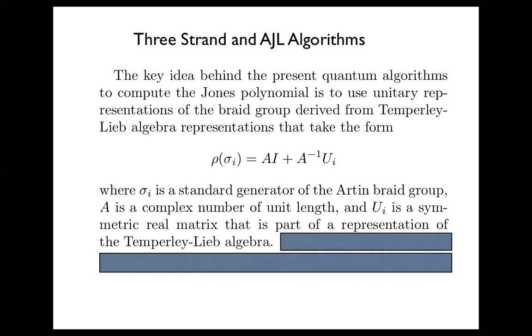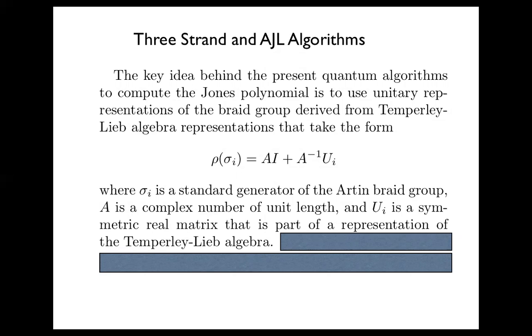How can I obtain this? Well, look at it. Suppose that A is a unit complex number. Then A star is its inverse. And suppose that U_i is a real symmetric matrix. Then U_i star is U_i. And then if you take rho of sigma_i star, you will get A inverse I plus A U_i.